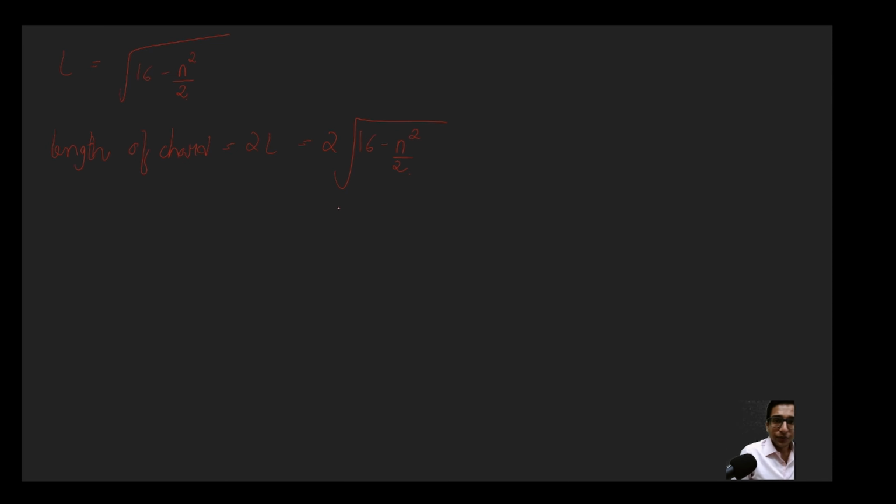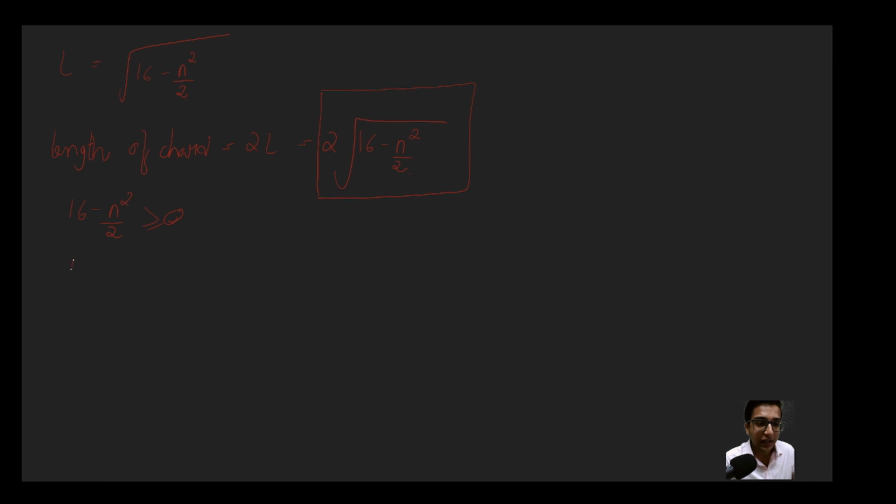So from here, first things first, what are the values of n that we can justify? We can see that n lies inside the square root, and any value inside the square root of course cannot be negative. We had studied this in functions, range and all those things. So we have to say that 16 minus n square by 2 has to be greater than or equal to 0 at all times.